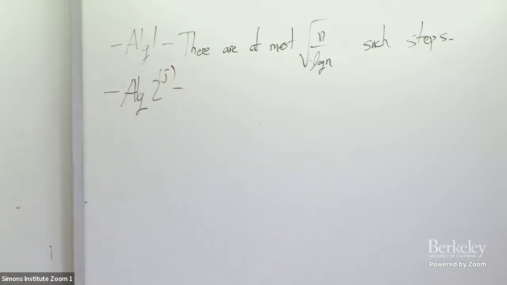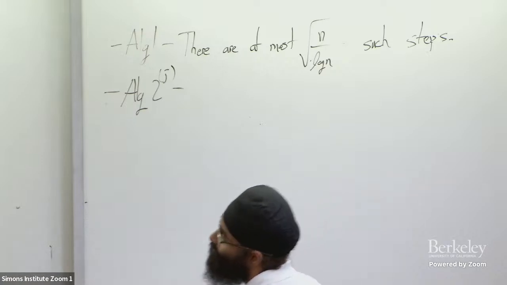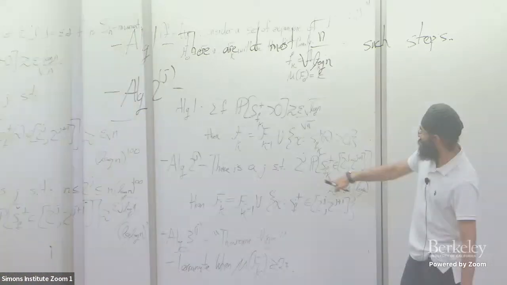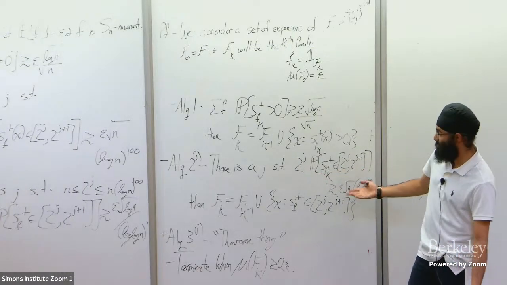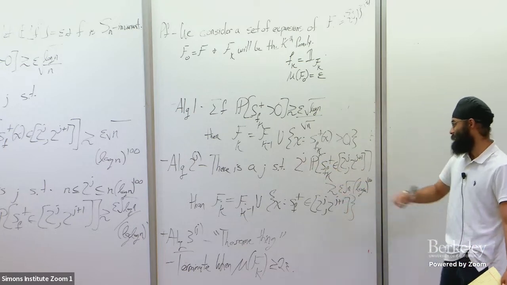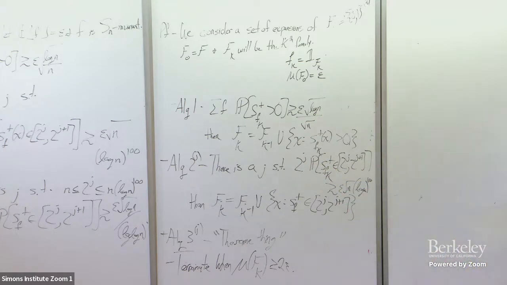So how many times can we run the second step? Well, now we know that the measure doesn't go up by epsilon times square root n, that's bigger than 1, presumably, but it goes up by at least 2 to the minus j times epsilon times square root n times log n to the 100. So it turns out there are at most 2 to the j over square root n times log n to the 100 steps.